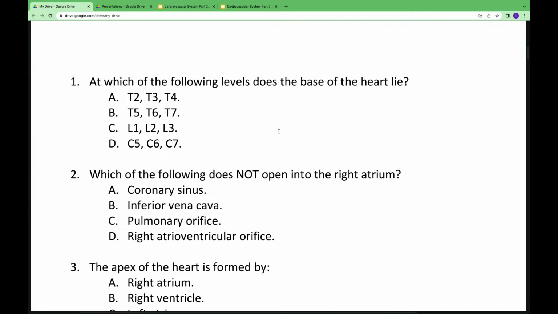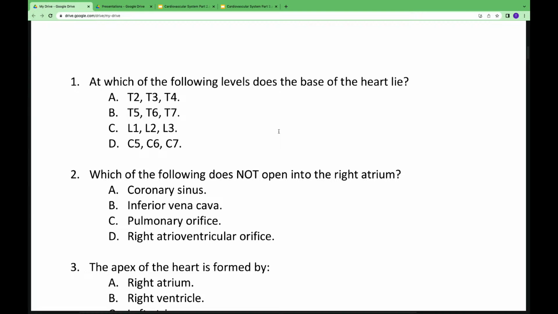Can you tell me what you know about the coronary sinus?